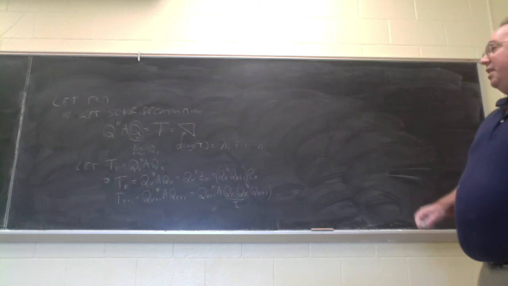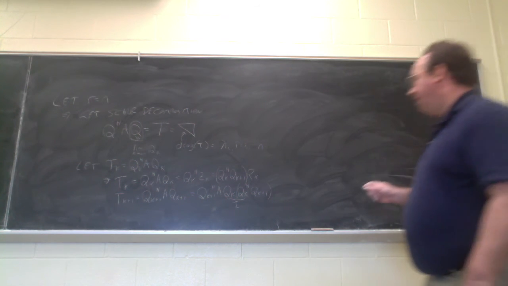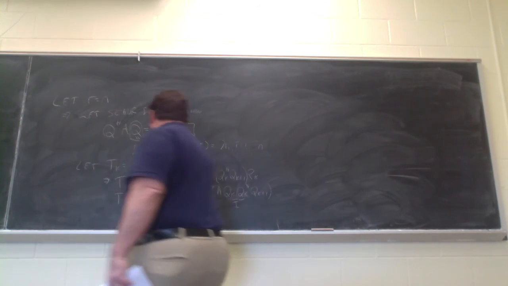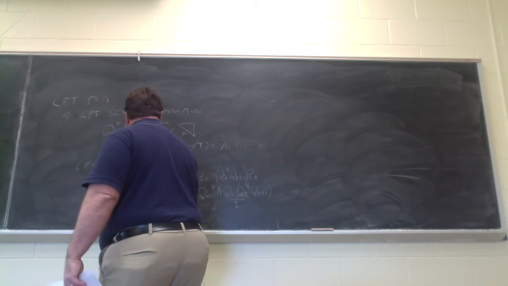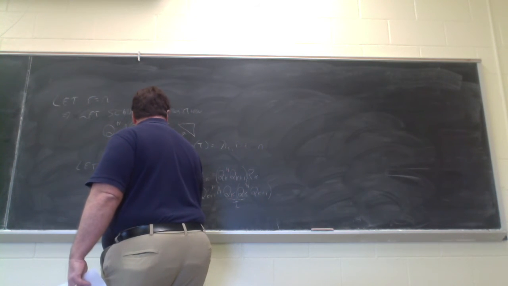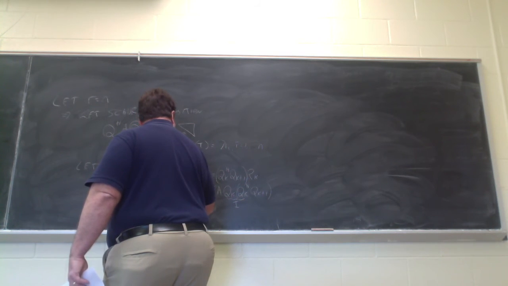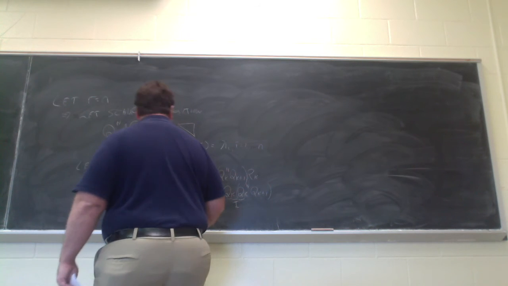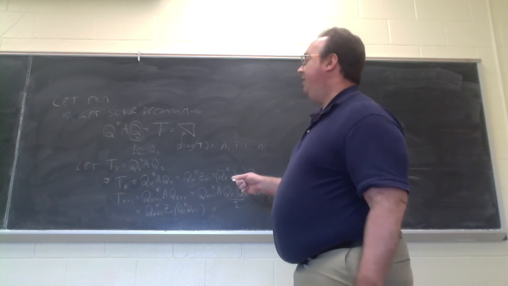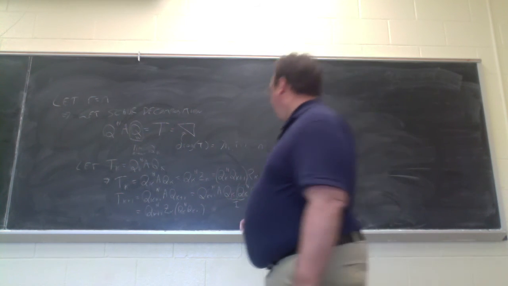Now, A Q_k is Z_k, so I'll fill that in. But Z_k is Q_{k+1} R_k.